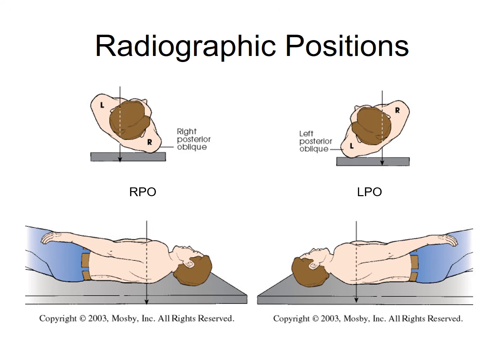Once again, it's an AP projection, entering anterior, exiting posterior, and they're turned. So the RPO and the LPO are both AP oblique projections. Once again, I wouldn't give you enough information if I simply said to go into the room and do an AP oblique. You need to know the body position. Is the patient lying RPO or LPO?